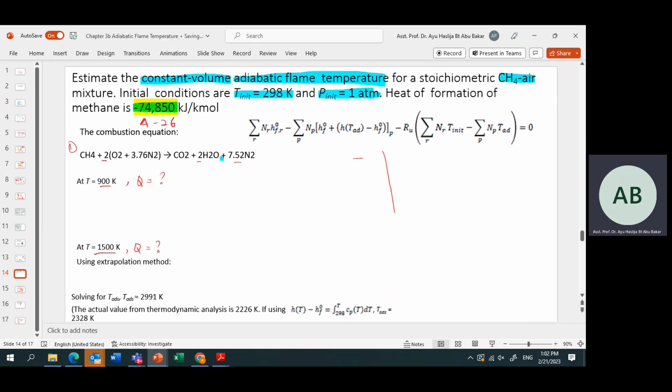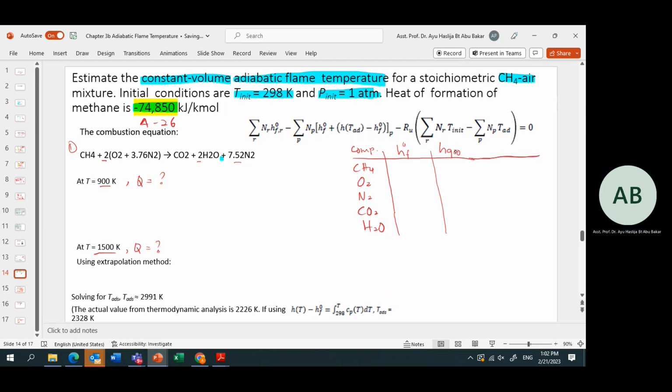Always put in tables so that it is easier to see. Okay, find out the HF for the components, H at 900 Kelvin, H at 1500 Kelvin, and also H at 298.